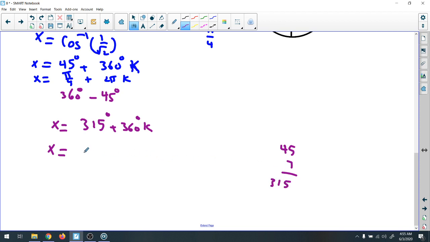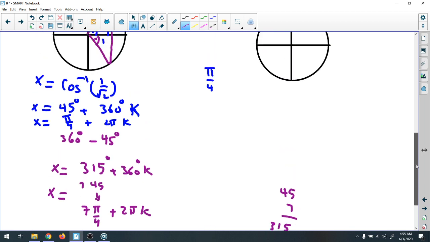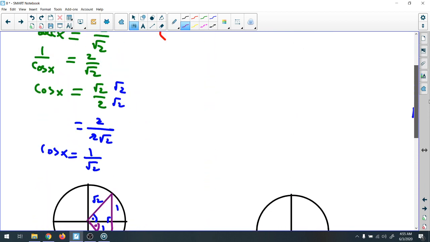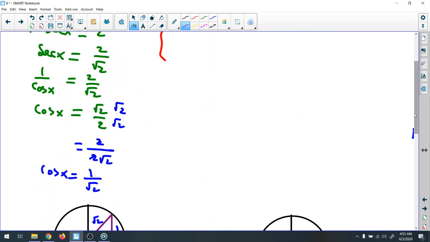So this is 7 times 45. And we know that 45 is pi over 4. So it will be 7 pi over 4 plus 2 pi k. Until now, we have the first section here, the first term that we have.